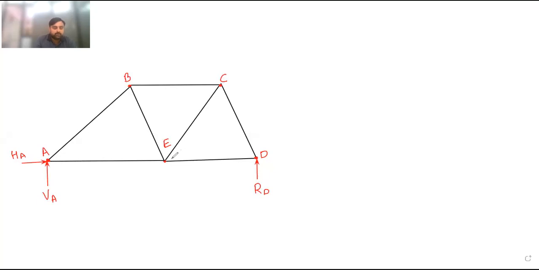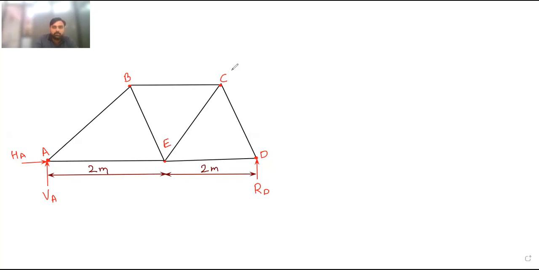Okay. So here the span of the truss is also given. The span of the truss A to E is 2 meter, and then D to E is also 2 meter. So this is the span, 2 meter and 2 meter.